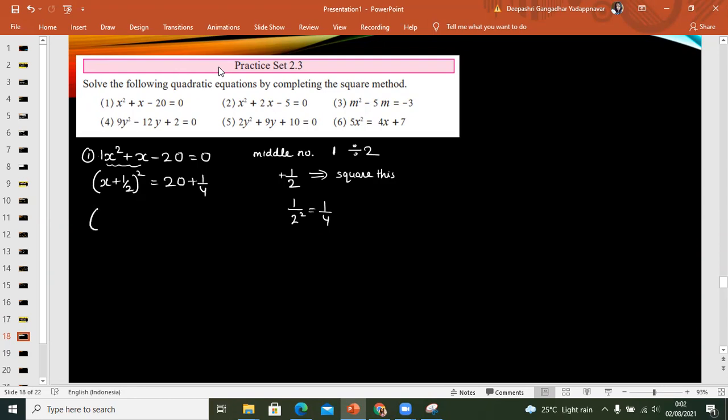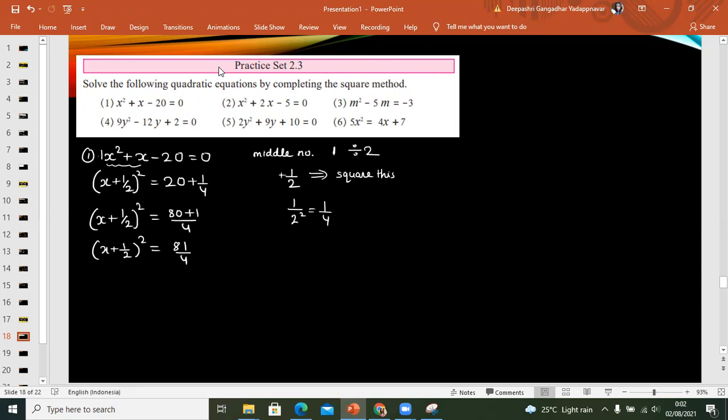Next step: x plus 1 by 2 whole square equals. Solve this. We can use the cross method or we can find the LCM. No problem. 20 times 4 is 80 plus 1 divided by 4. That is, x plus 1 by 2 whole square equals 81 divided by 4.